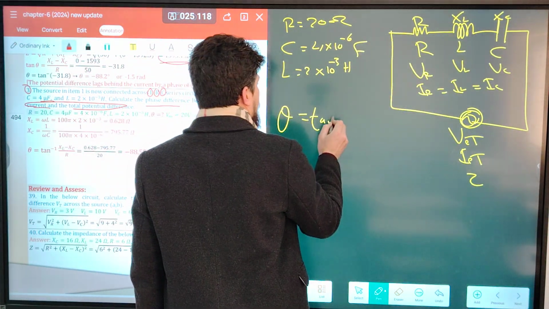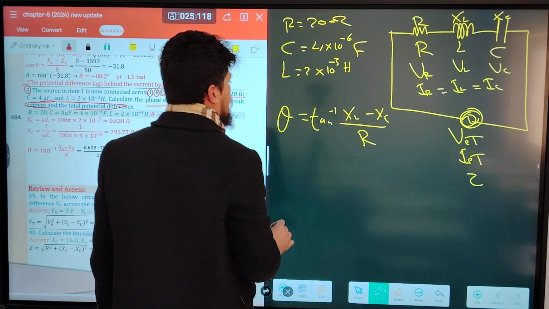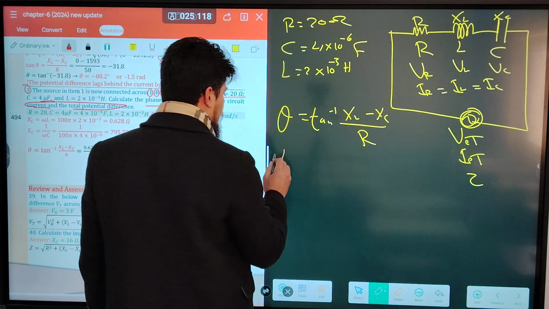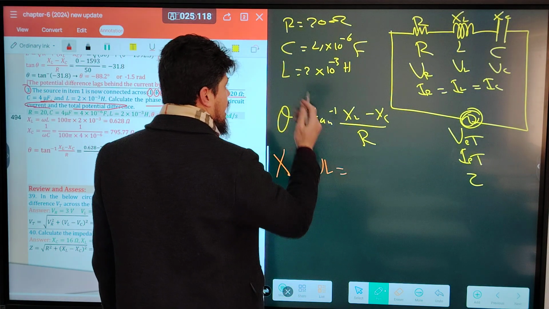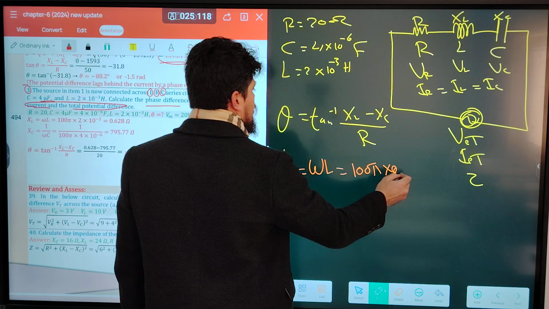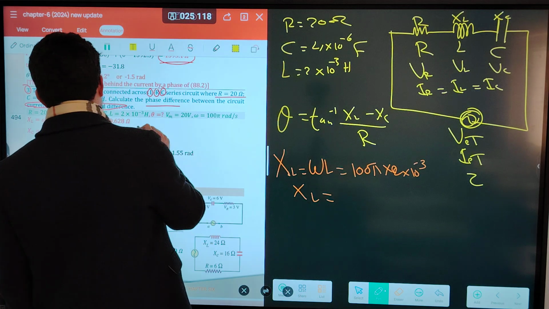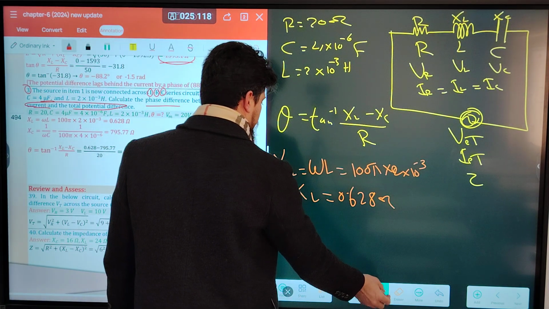Tan inverse of XL minus XC over R. Do we have XL? No, but we can find it. L, times omega, which in item 1 was given, 2 times 10 power negative 3. XL is equal to 0.628 ohm.